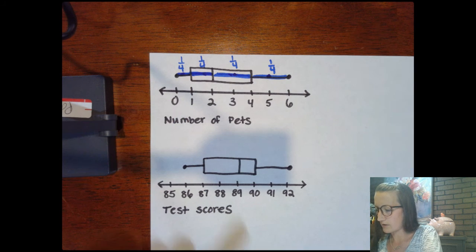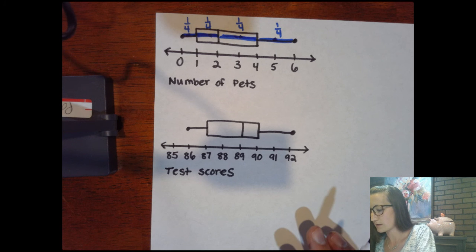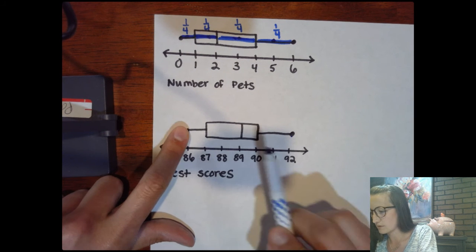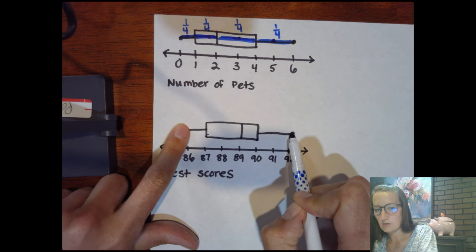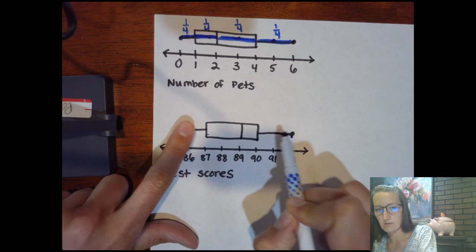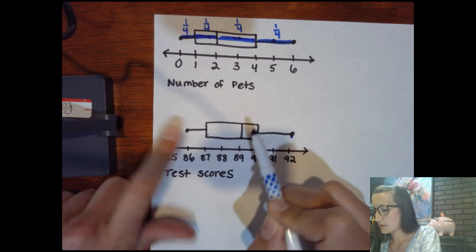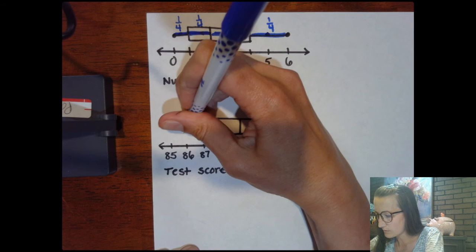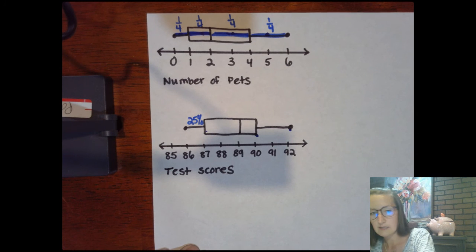If we look down at this box and whisker plot about test scores, we can tell a lot of the same things: the low, the high, where our 3 quartiles would be. We can tell our range by subtracting these 2, and we can tell our interquartile range by subtracting these 2 numbers. Another way that we could say 1/4 is 25%. So we would say 25% of the class scored between an 86 and an 87 on this test.